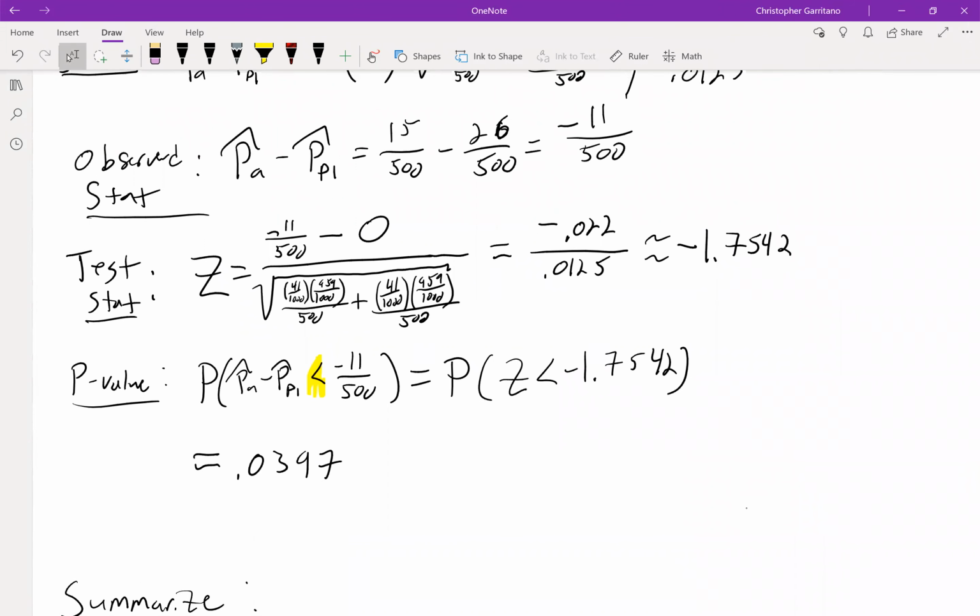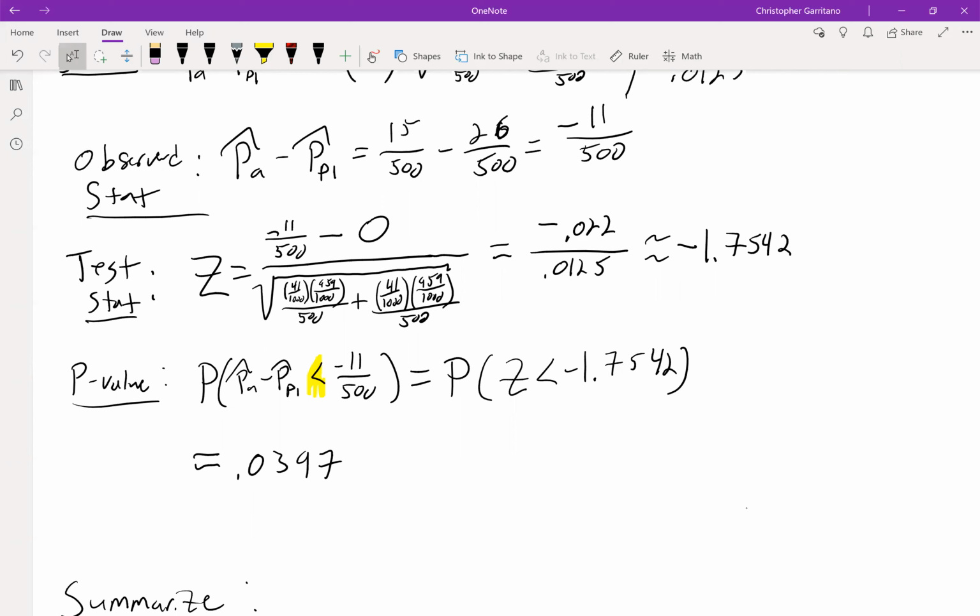Equivalently, we can also state this p-value as the probability that z is less than -1.7542. I don't care which one of these you use. You do not need to use both. It's fine to use both. I like using both, but you choose whichever one you'd like. They're exactly the same.